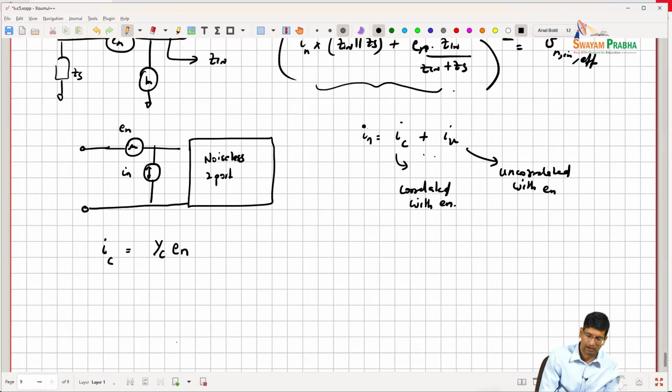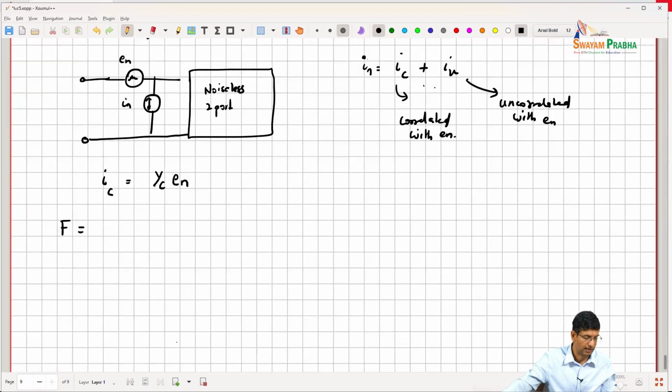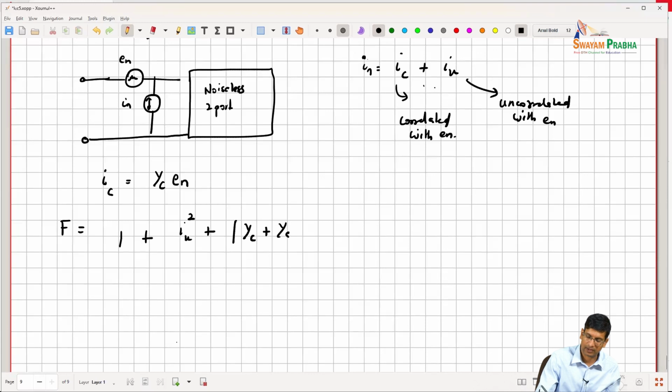Then I'm skipping past the derivations, but what we can basically show is that the noise figure is 1 plus I uncorrelated squared plus Yc plus Ys.